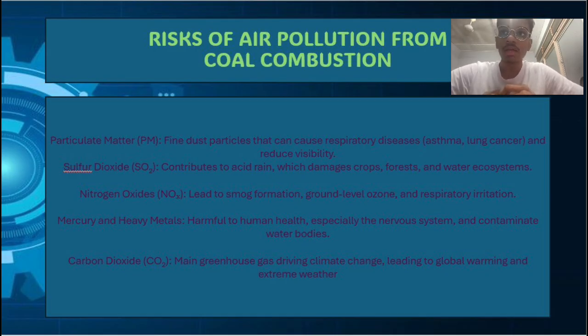Next, we have mercury and heavy metals, harmful to human health, especially the nervous system, and they contaminate water bodies. And finally, we have carbon dioxide, which is also known as CO2, the main greenhouse gas, which drives climate change, leading to global warming and extreme weather changes.